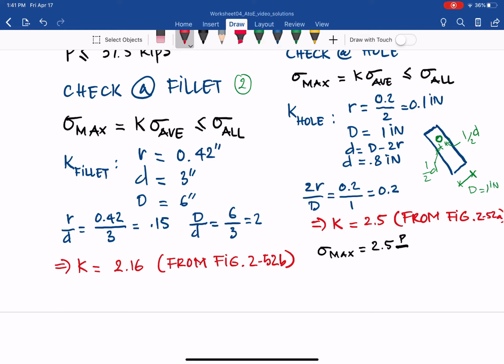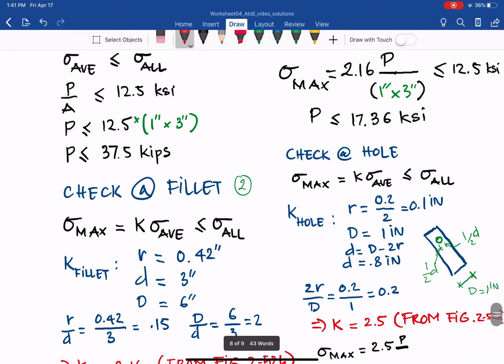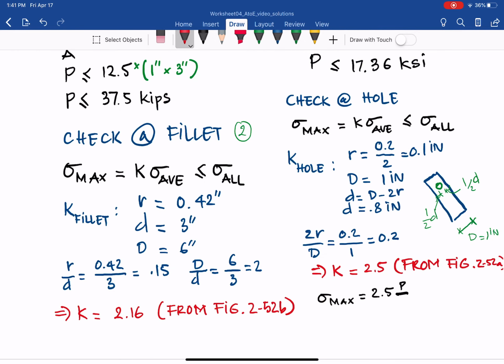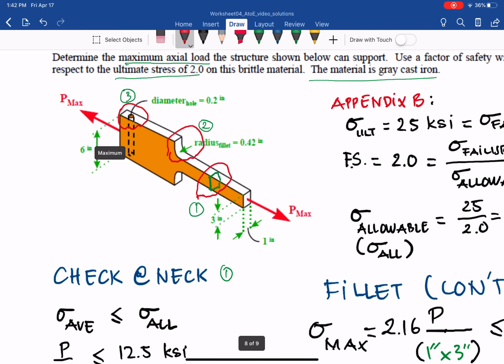So P over A, and in that case A is, you can see from the cross section here, equal to the cross section that we cut through here. So that will be the D, half D, half D. So it will be D times the 6.